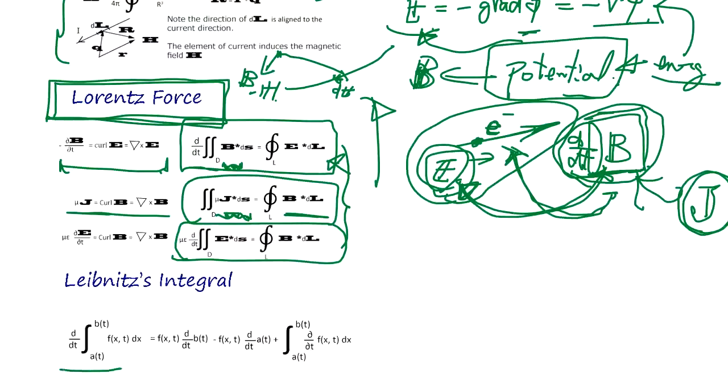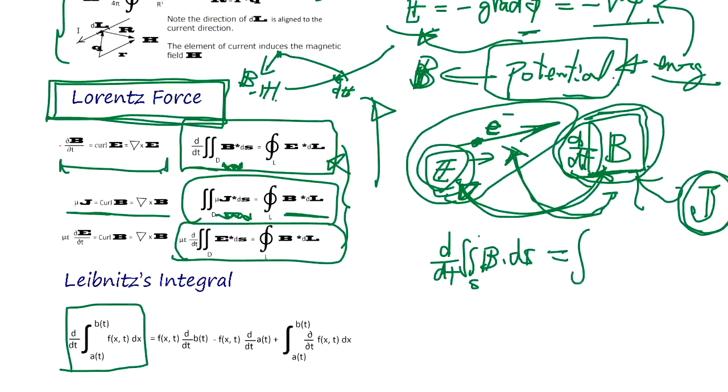Okay, you take this, the derivative of integral, and now we did this for the fixed boundary. This is a fixed boundary. Okay, but what if its boundary is not fixed? This is also time function. That's where the Leibniz integral comes in.